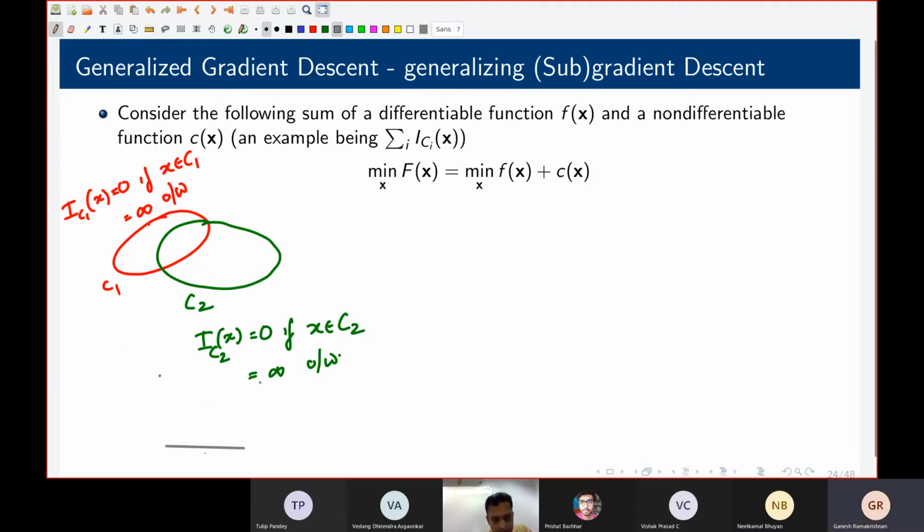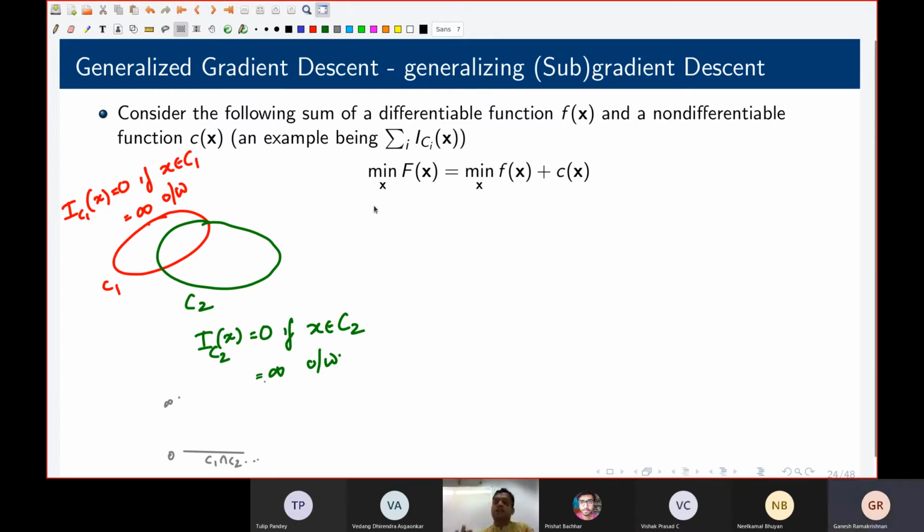So 0 in C1 intersection C2 and so on, and infinity otherwise. Is that okay? f, however, is properly differentiable, has all the nice properties you may want.